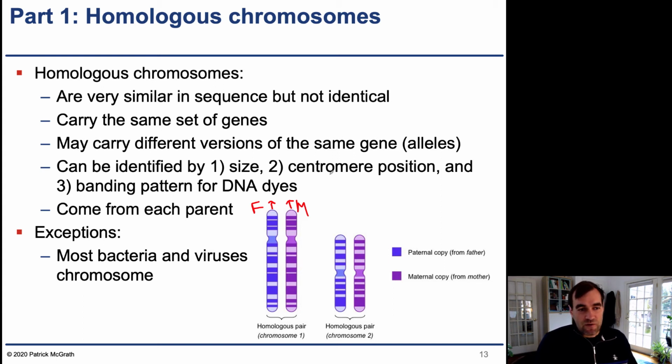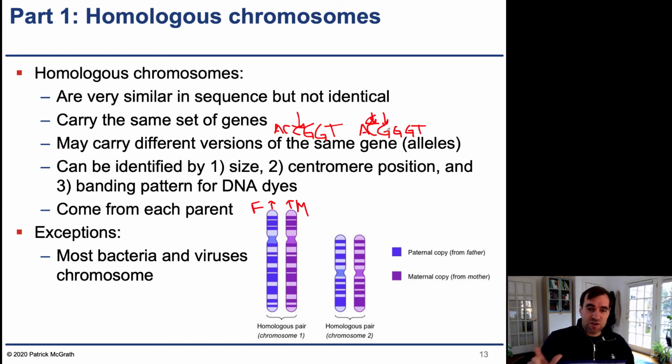If you look at the base pair level, if you have A, C, C, G, G, T from your mother, most of that would be the same, but there might be an exception, and you might have a G instead of a C at one of the positions. This base pair is a C in one chromosome and a G in another chromosome.